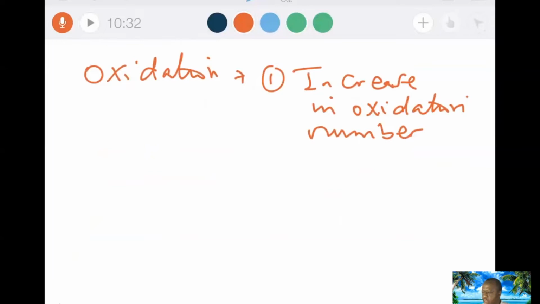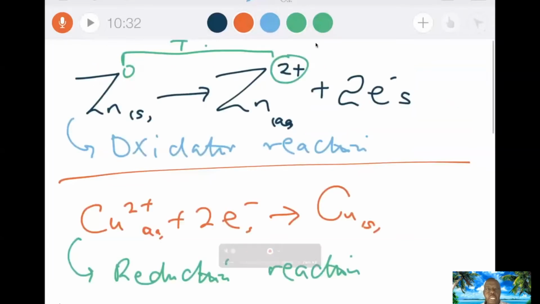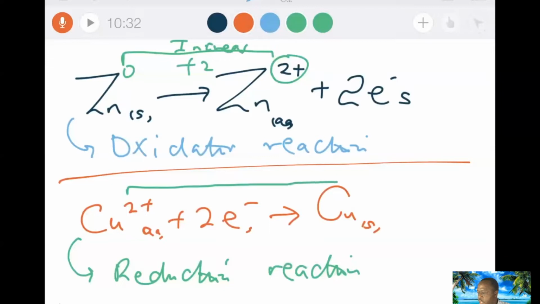This is an oxidation because there is an increase in oxidation number, +2, going from 0 to +2. But if you look at +2 going to 0, there is a decrease in oxidation number. I hope you recall what oxidation number is.